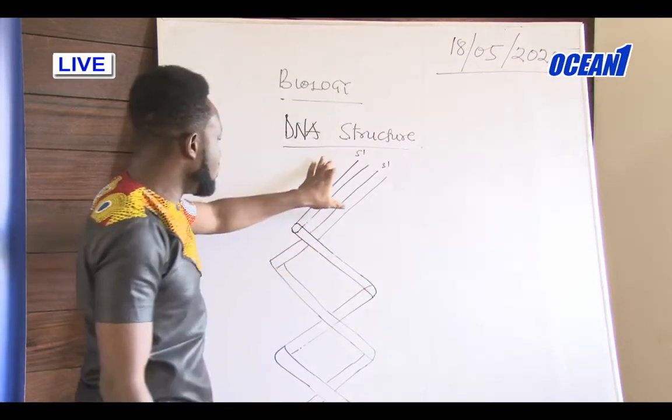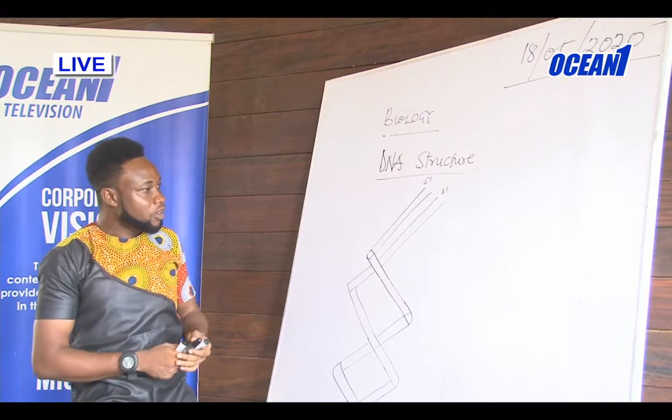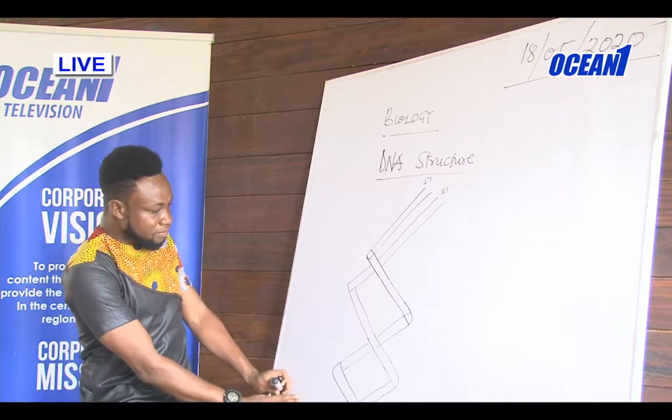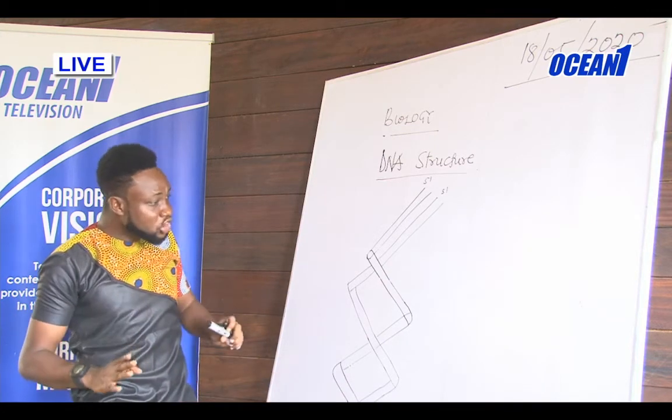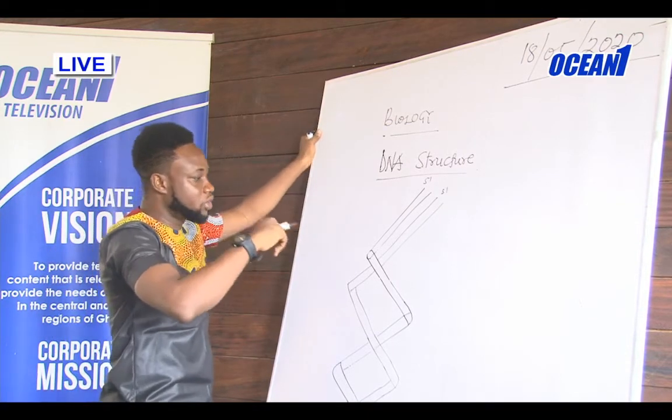That is to say, the double helix strands of the DNA are antiparallel. Alright, so we will leave the diagram here. There is more to talk about. Let me quickly add that before we go to the screen.